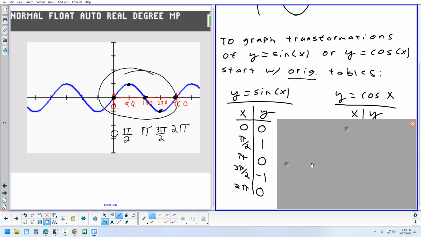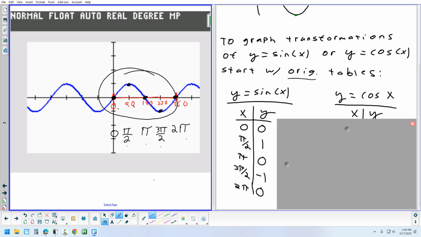We're back to 0. 3 pi over 2, that's the lowest it ever goes. And then 2 pi, you're back at the end of the first cycle, or you could also call that the start of the second cycle. It's the same thing. So where one cycle ends, that's where the next one begins.